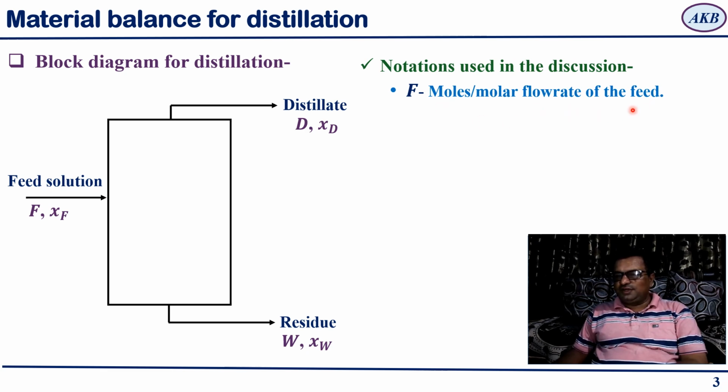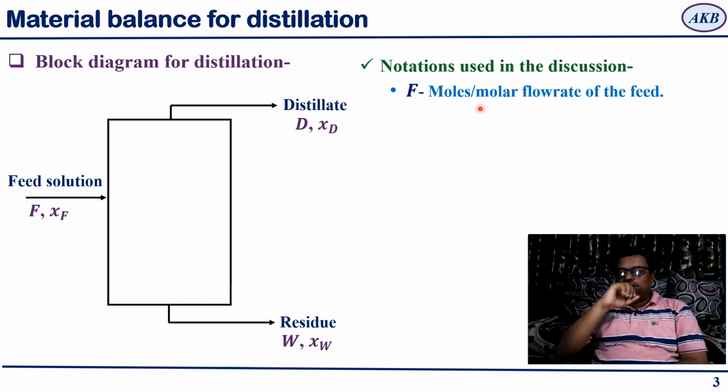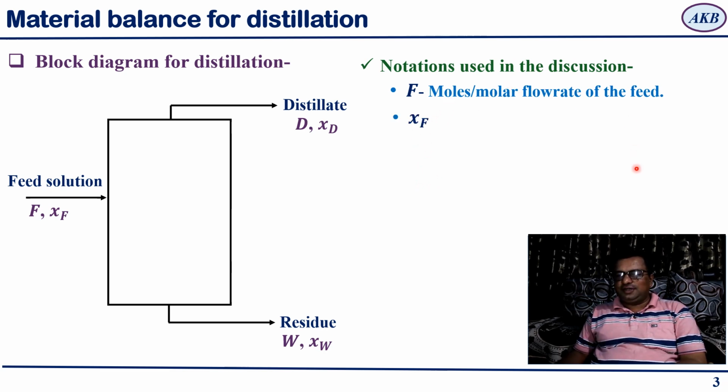How is molar flow rate defined? It could be, for example, kilomole per second, kilomole per hour, or mole per second, mole per hour. So F represents the moles or molar flow rate of the feed.